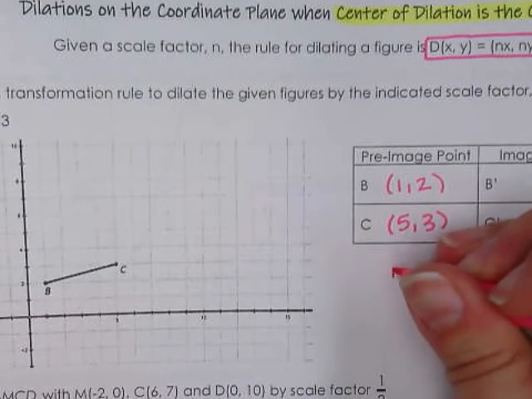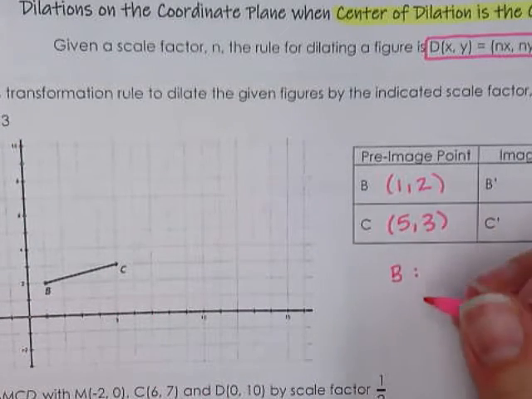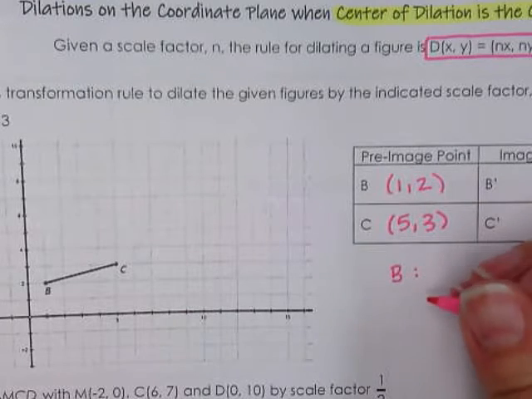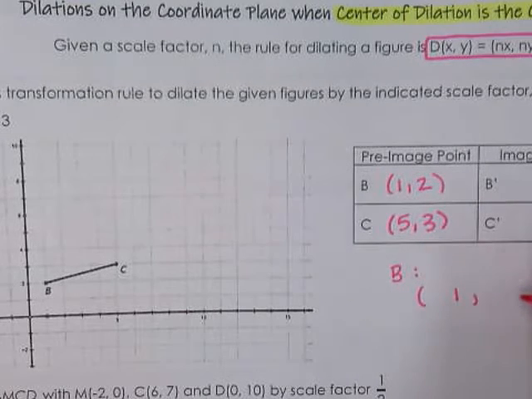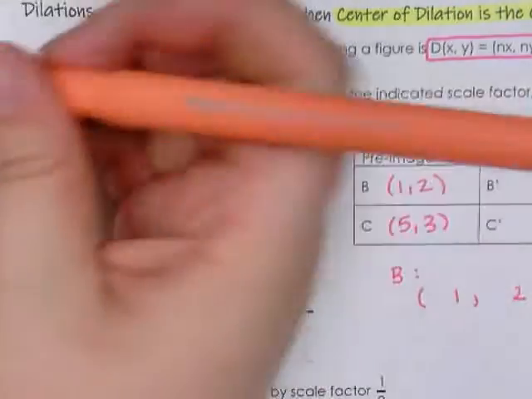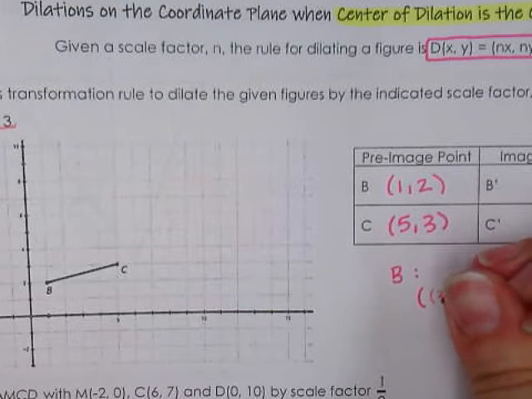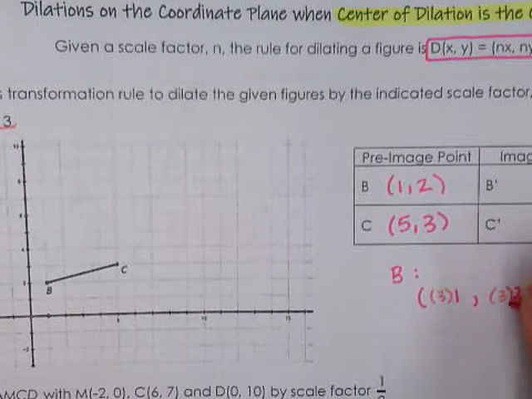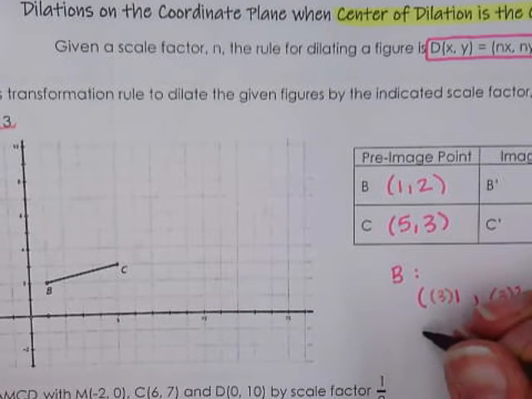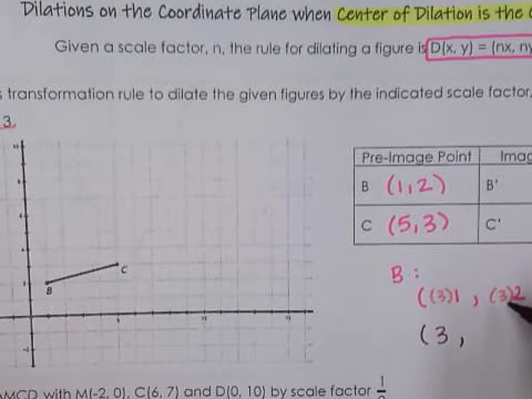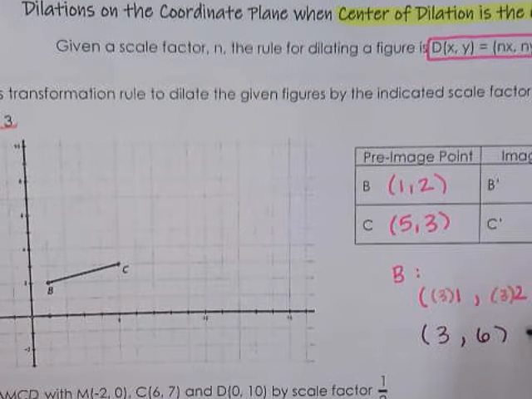So for B, I'm going to take my original (1, 2), and now I'm going to multiply each by the scale factor. The scale factor was 3, so I'm going to multiply by 3 to each, and I will get the new ordered pair. 3 times 1 is 3, and 3 times 2 is 6.